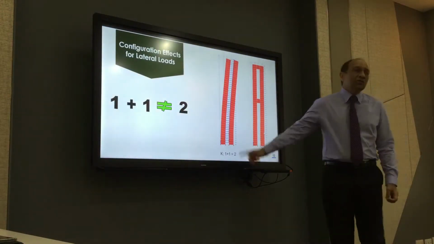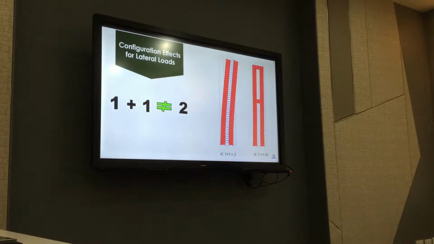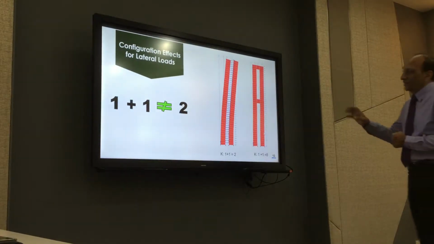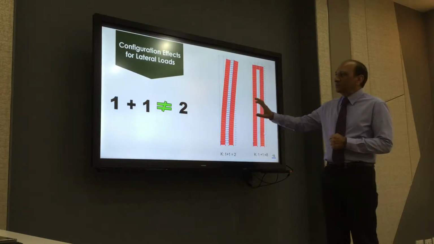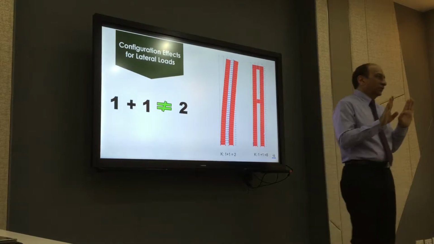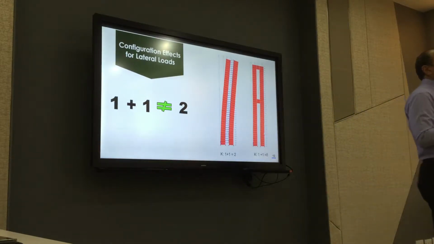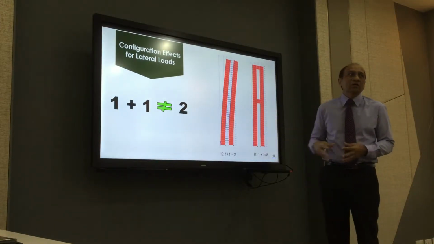So I mentioned to you that the efficiency of the structural configuration depends on how you put things together, and one of the most important observations is that when you connect two structural elements together in a different way, then the total stiffness of the system is more than the individual stiffness of the components that you connect, depending on how you connect them.